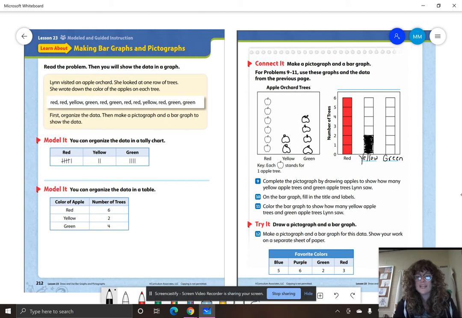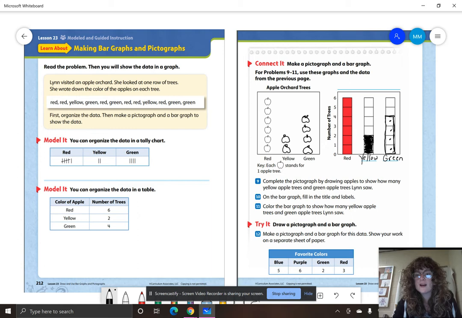And for green, how many tiles will I need to color? 4. So I'm going to put little dots right here. 1, 2, 3, 4. And now I can fill it in. Now see, my bar lines up with that 4.